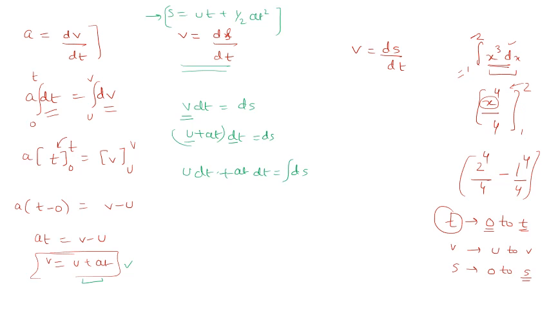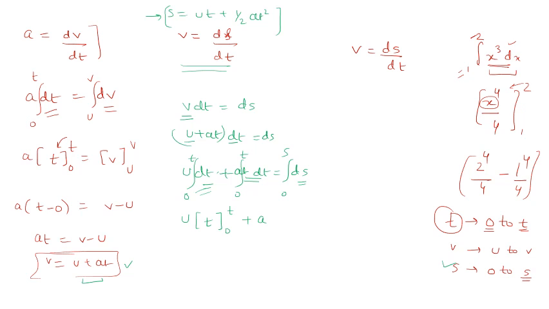Now applying limit, you have to see this variable dt, that means limit for time, again limit for time, and this is the limit for displacement, 0 to s, right? Now for the integration of dt, you have t, limit 0 to t, this is t dt.